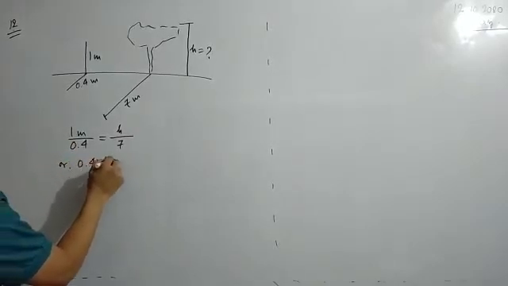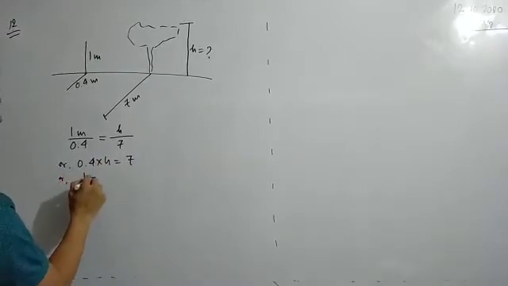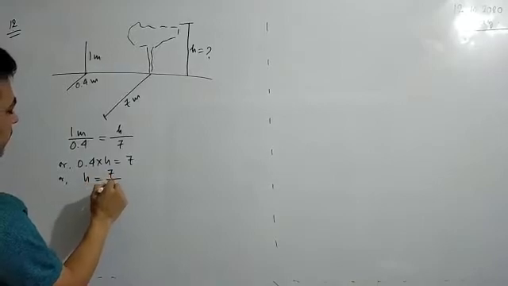0.4 into h equals 7 meter, so h equals 7 divided by 0.4.